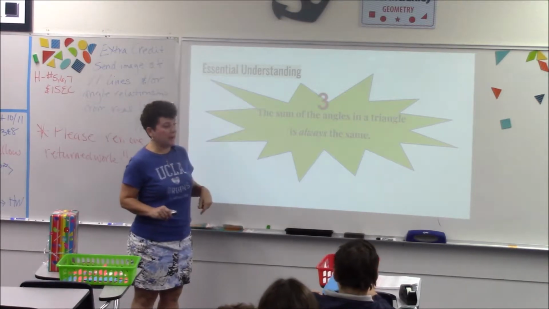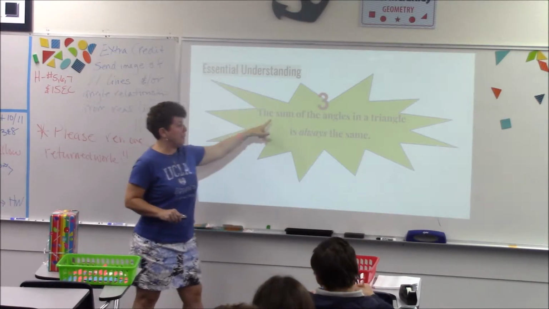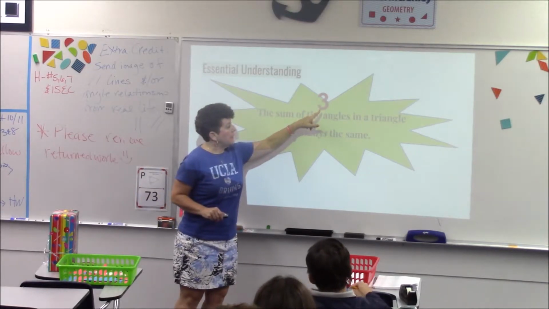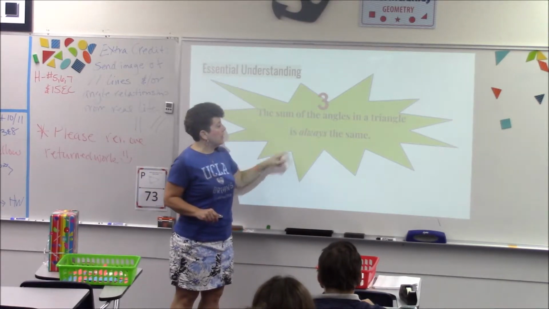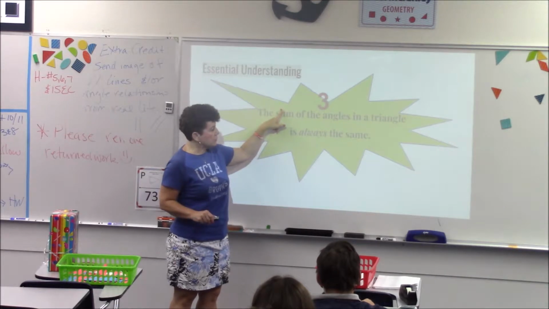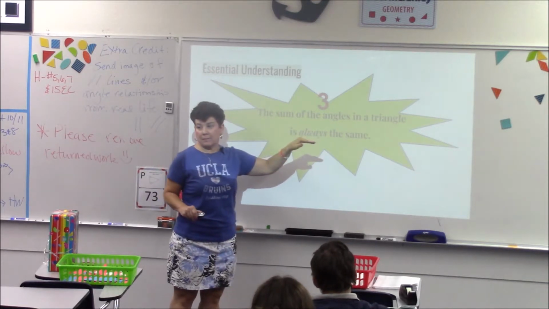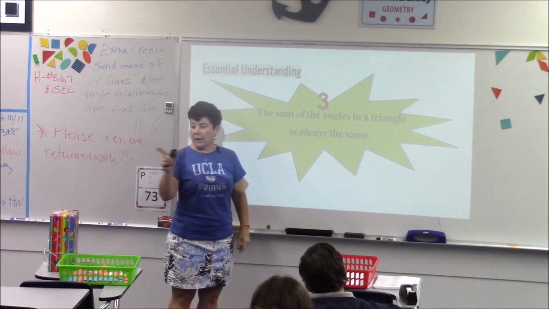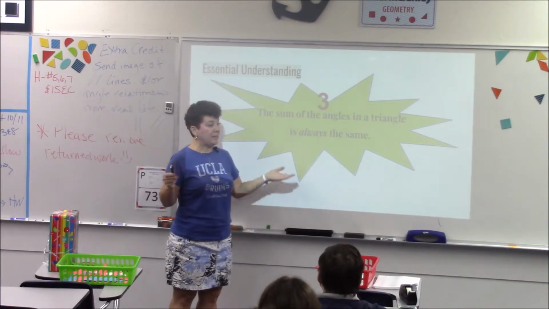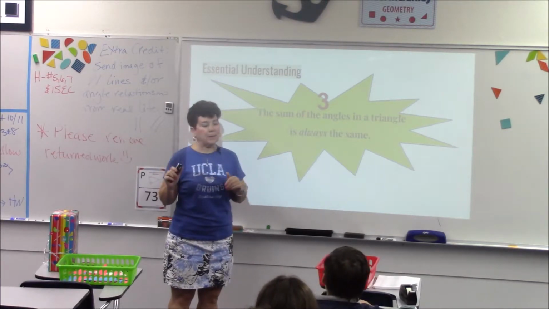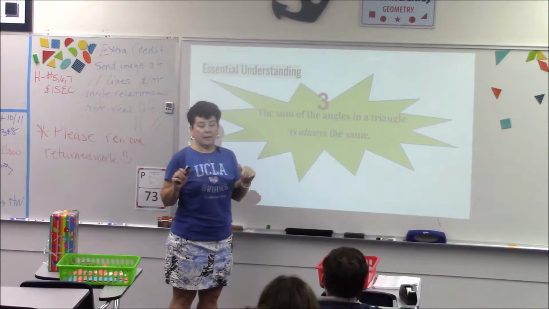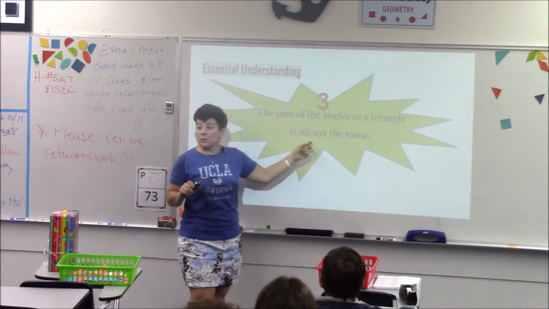Very good. So that means if we add up all 3 angles in a triangle, the sum, the answer, will always be the same. Doesn't matter. So all those triangles that you have in your hand, if we add up the angles for every single one of them and no 2 of them are alike, you will get the same total.